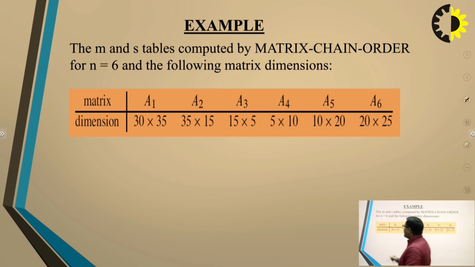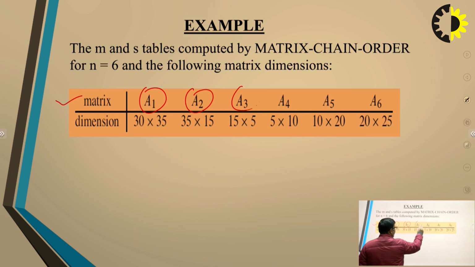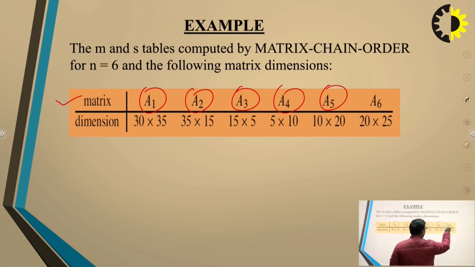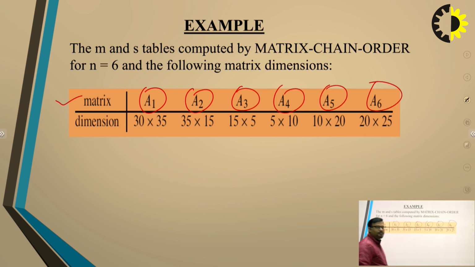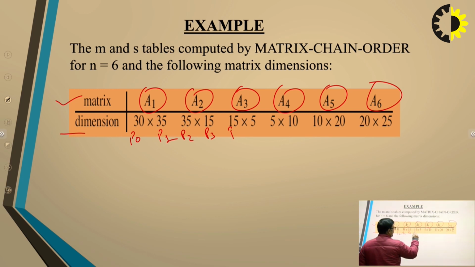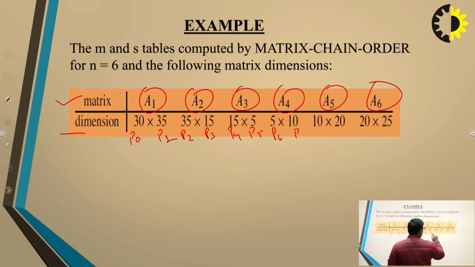Here this is a matrix A1, A2, A3, A4, A5 and A6. These are dimensions. Then these are P0, P1, P2, P3, P4, P5, P6, P7, P8, P9.